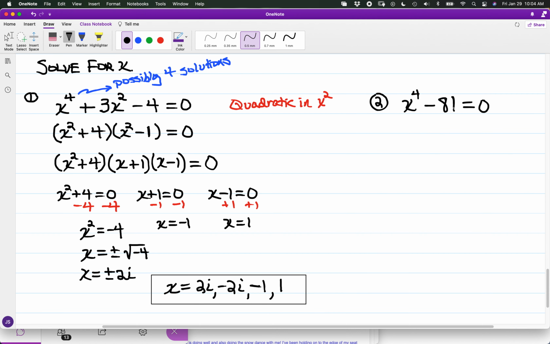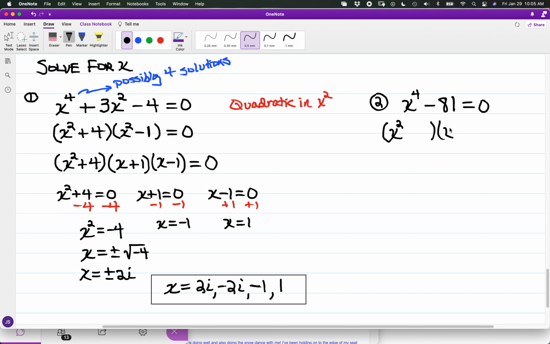If you notice, we don't have a lower degree x term. We have just x to the fourth. And x to the fourth minus 81, we can treat this as a difference of squares. So again, from x to the fourth, I can factor out terms in x squared.